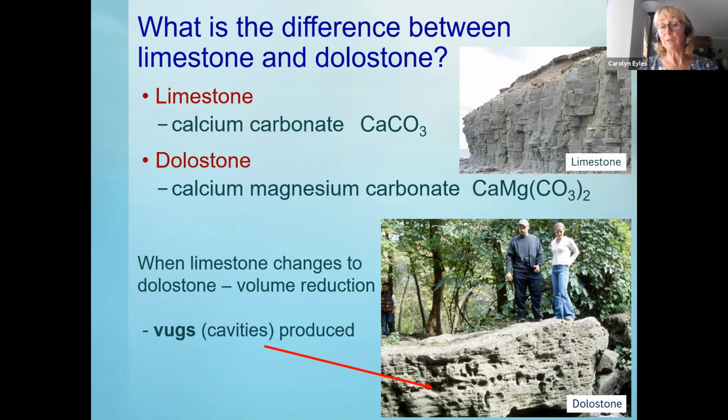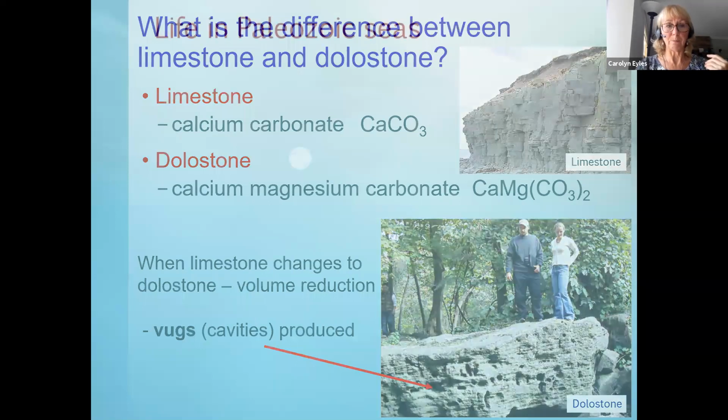You can see these beautiful cavities peppered around the rocks, different sizes, but those are vugs produced by this dolomitization process. So the change from limestone to dolostone. But both limestone and dolostone are carbonate rocks. They both indicate deposition in warm tropical waters, nice, clear, clean waters.